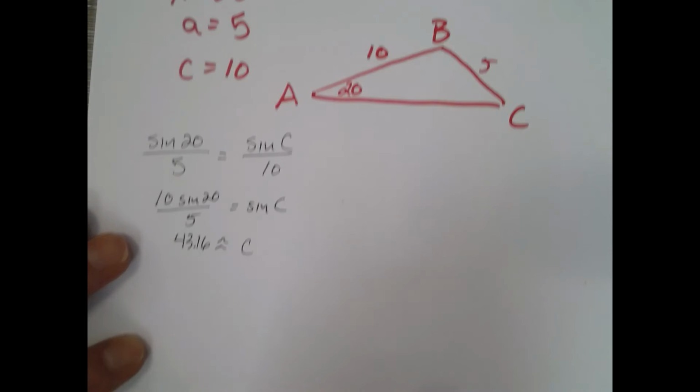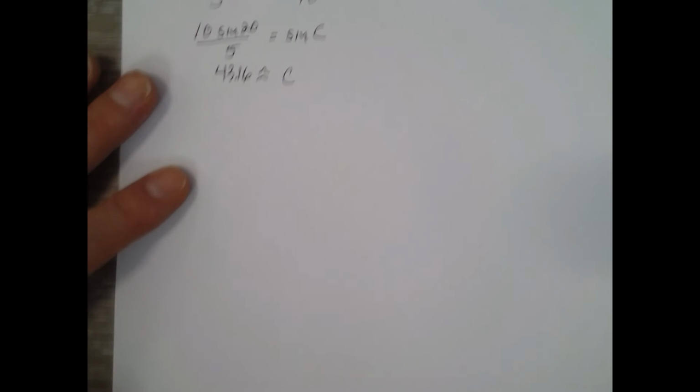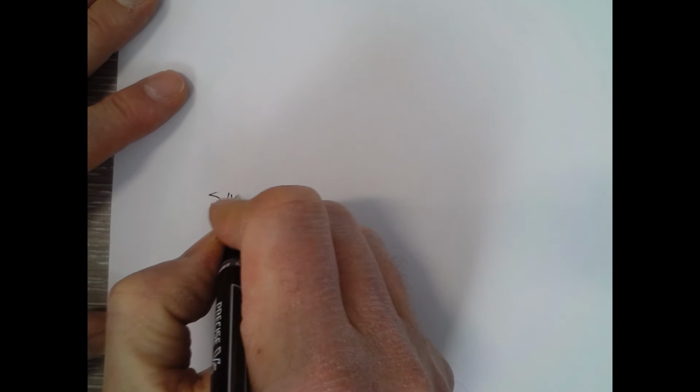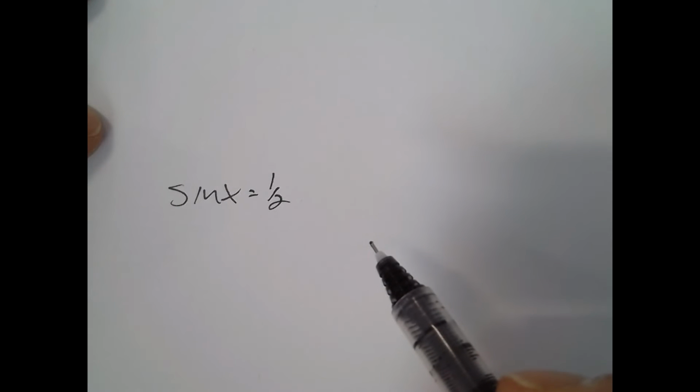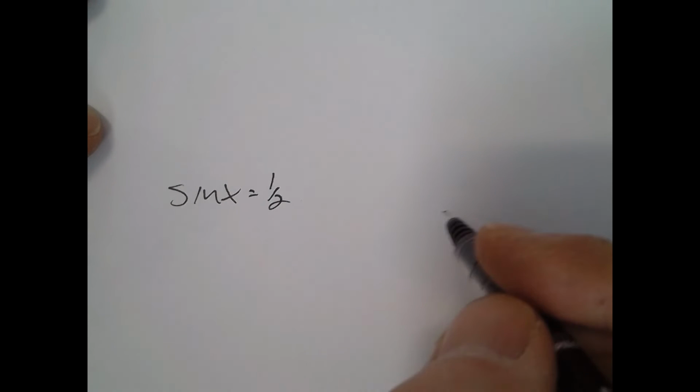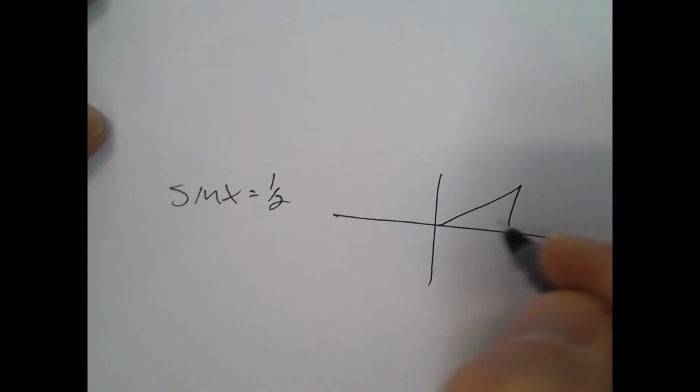Now, if I asked you back last chapter to find sine x equals 1/2, what quadrants is sine equal to 1/2 in? I know that you didn't want to hear the word quadrant again, but where is sine positive? Yeah, top two, right? So sine is 1/2 right there and right there.